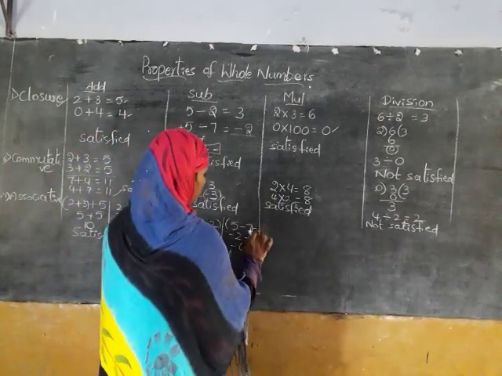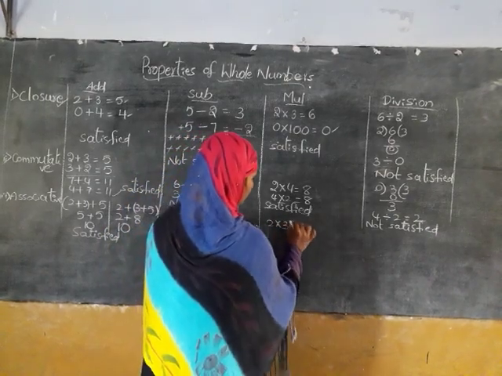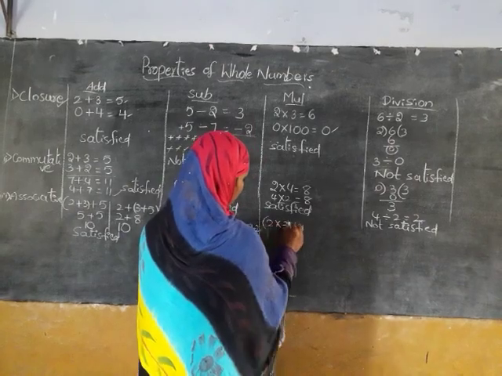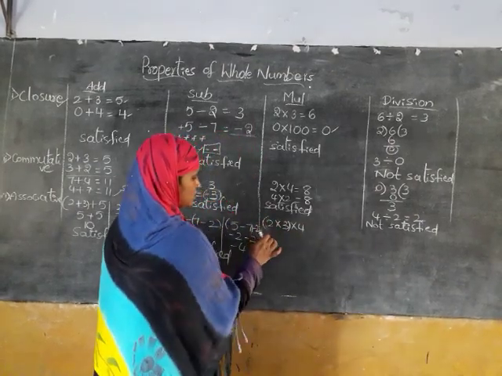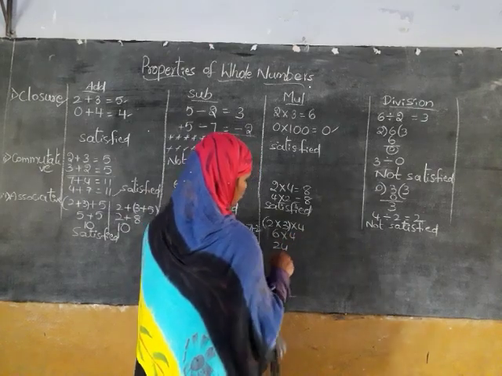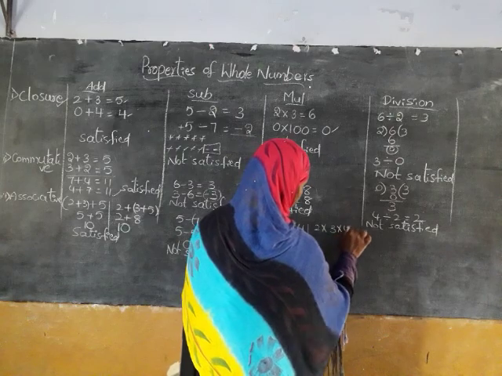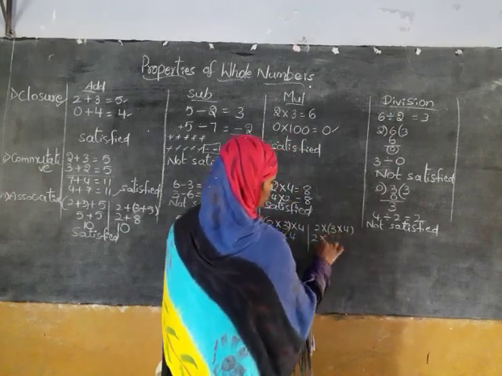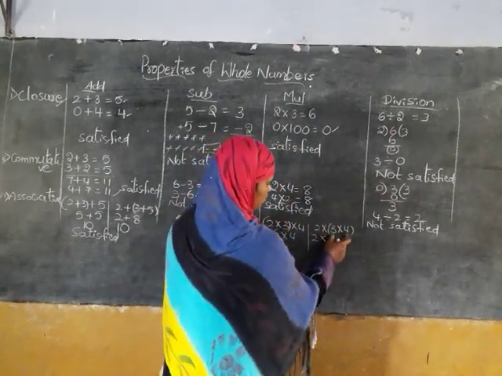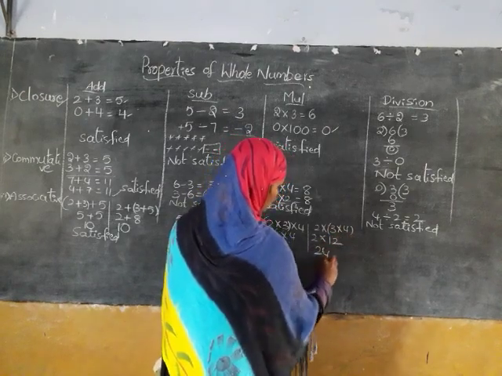Now multiplication. So 2 into 3 into 4. First you multiply the numbers which are in the brackets. 2 3s are 6, into 4, 6 4s are 24. Now you change the bracket. You solve the multiplication which is in the brackets: 3 4s are 12, 12 2s are 24.